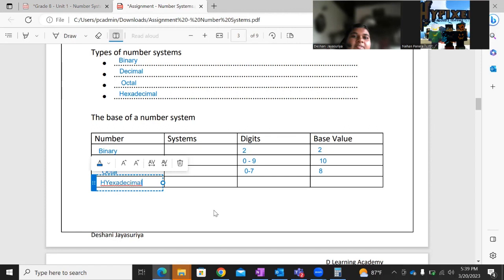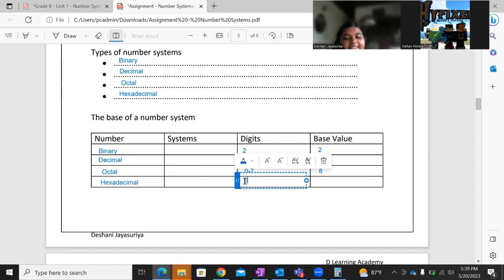This table is important, so it's better to write it down. It will be easy for you to remember the things which are very important.